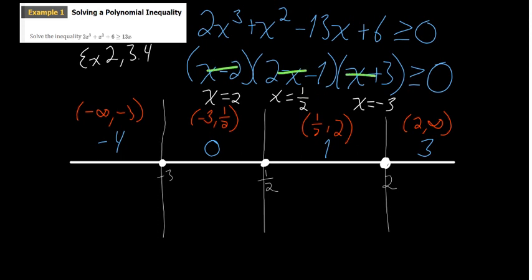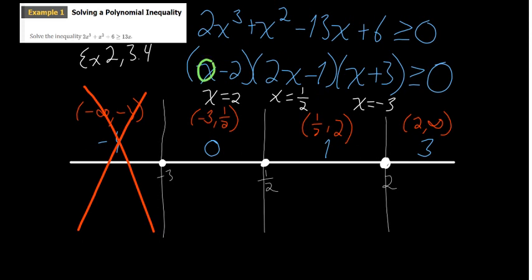A negative times a negative, doesn't matter what the negatives are, is going to be a positive, and then a positive times a negative is a negative. And a negative number is not greater than or equal to 0, so this interval is not part of the solution.